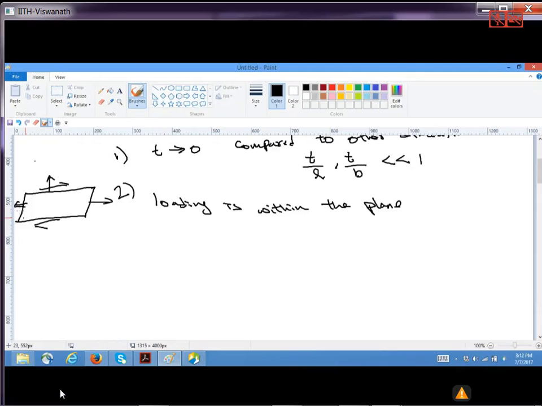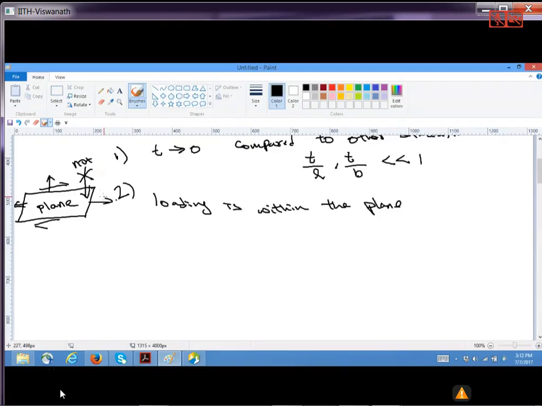Whatever you are applying, tractions or displacements, has to be contained within this plane. You cannot load it in the transverse direction. The loading should be within the plane.